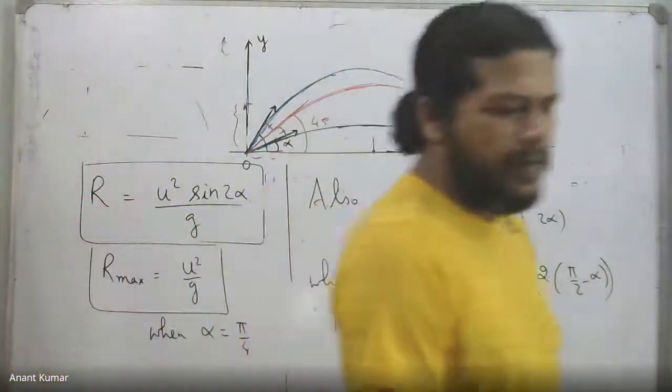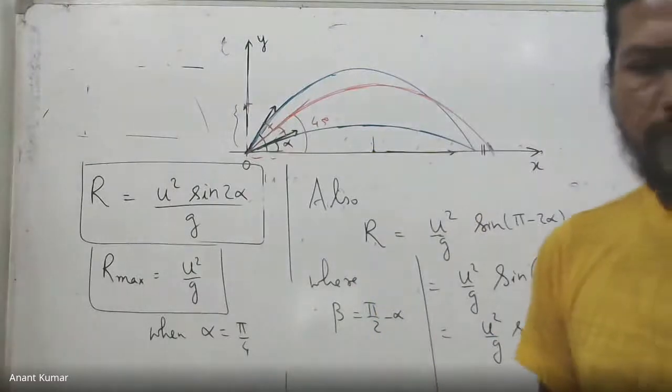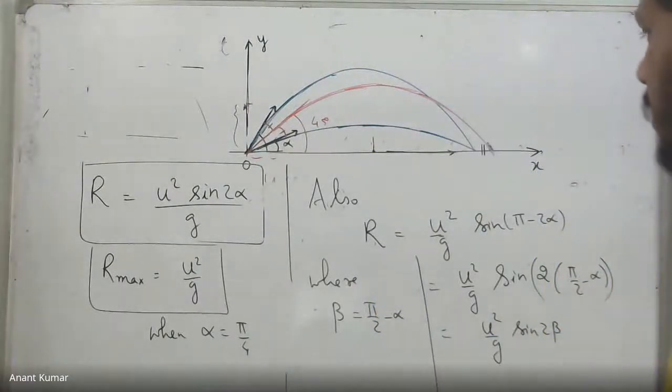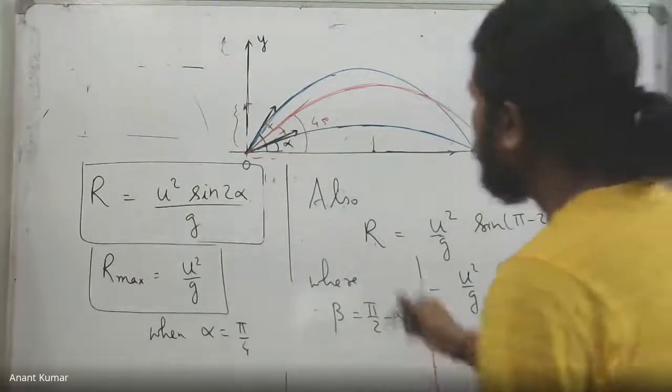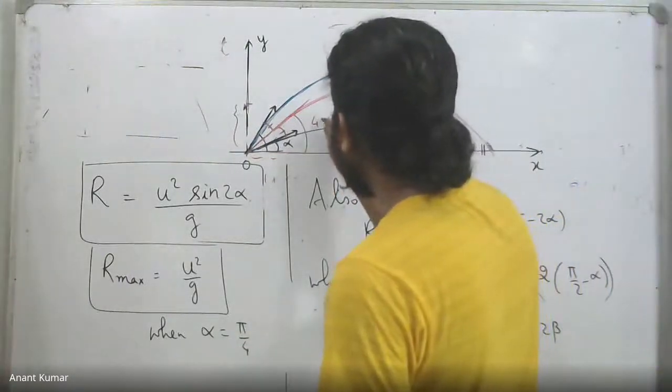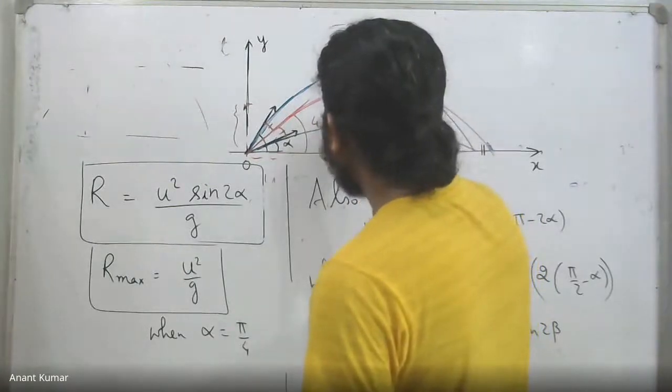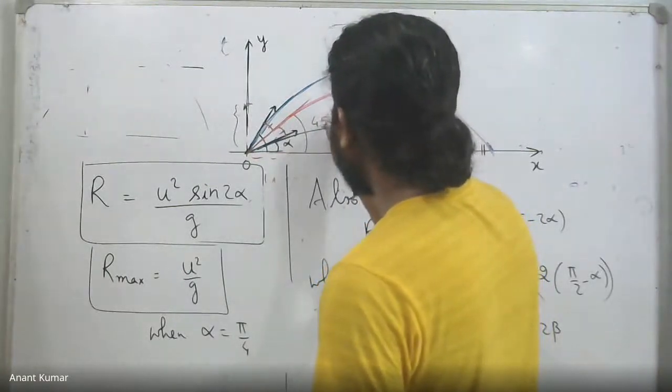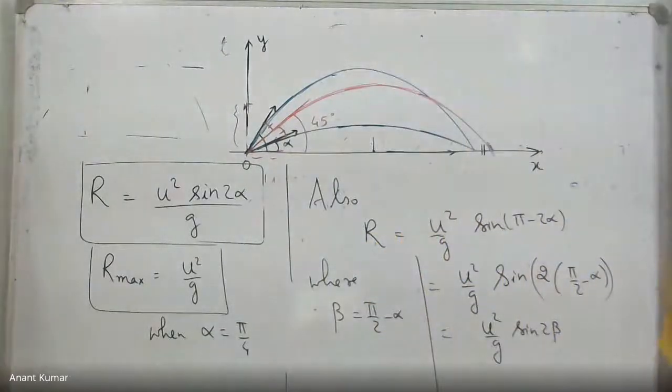Okay, so we have basically the formula for a range. Last part I said that if the angle of projection is equally inclined with respect to the maximum range angle, which is 45 degrees, then as long as the projection directions are equally inclined with respect to the maximum range direction, the ranges of the projectiles will be equal.